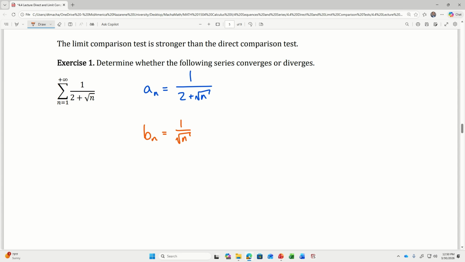So this is something that's really similar to a, but simplified a little bit. That is 1 over n to the 1/2 power. And we know that this diverges because it's a p-series with p equals 1/2, less than or equal to 1.